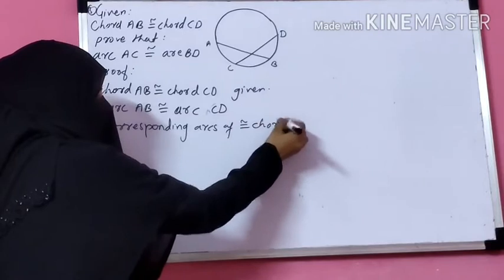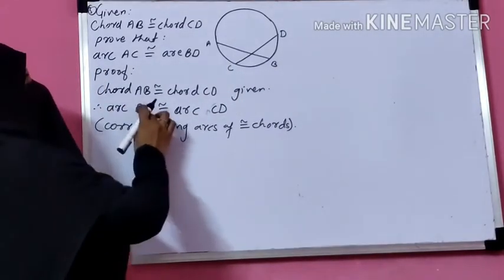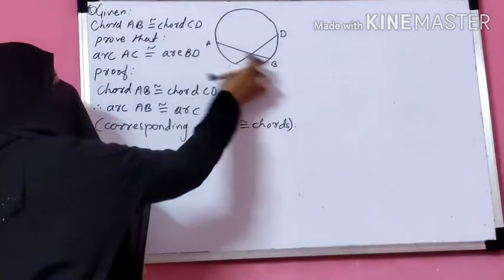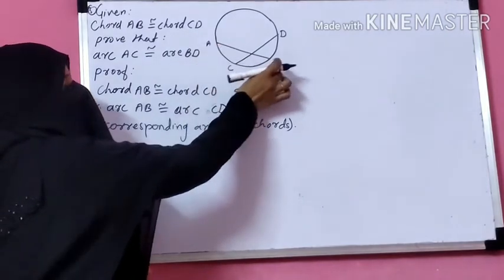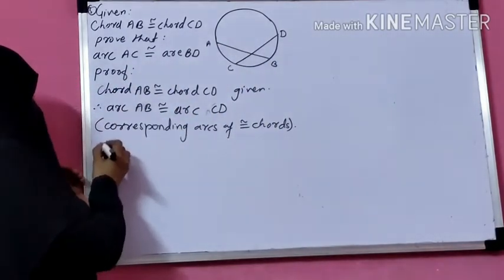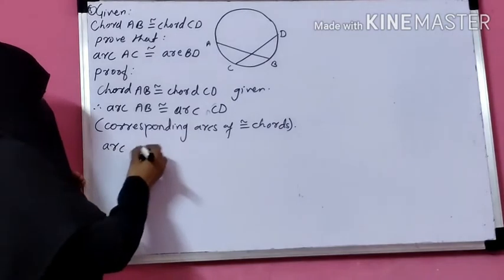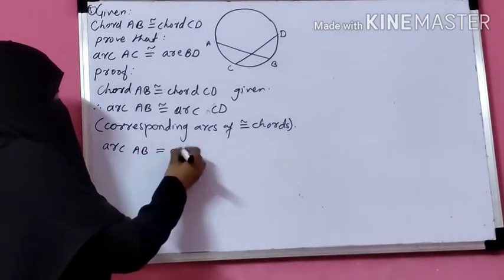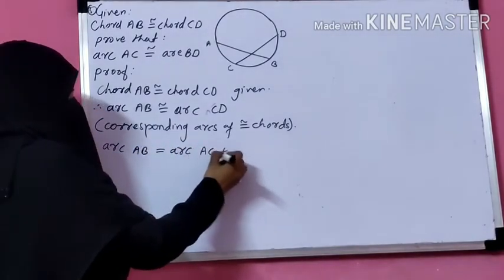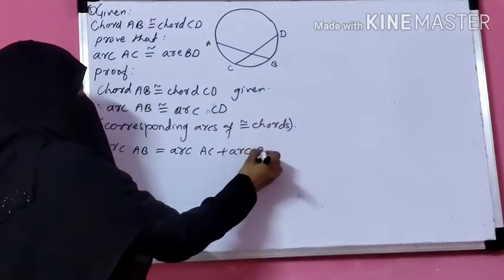Now see here arc AB. Arc AB is nothing but the addition of arc AC plus arc BC.